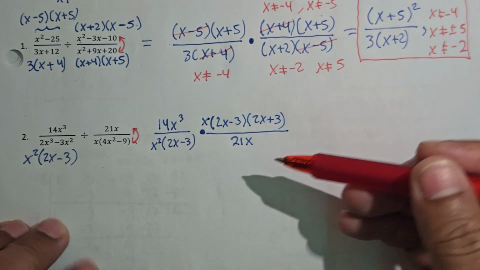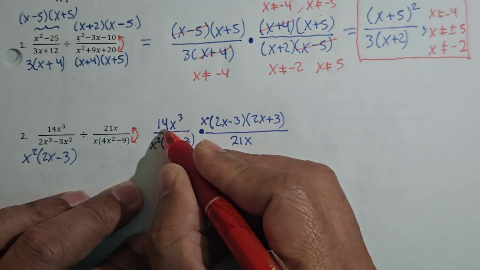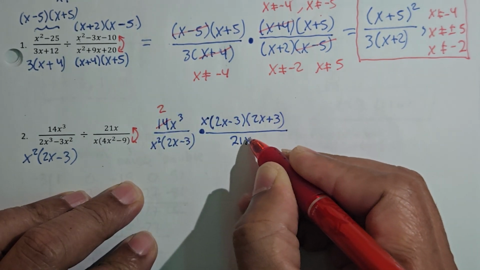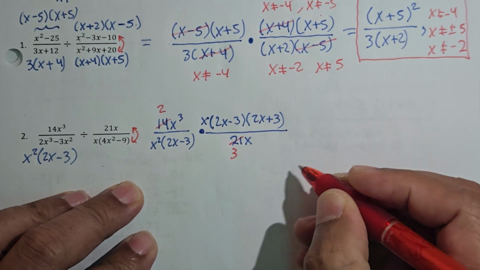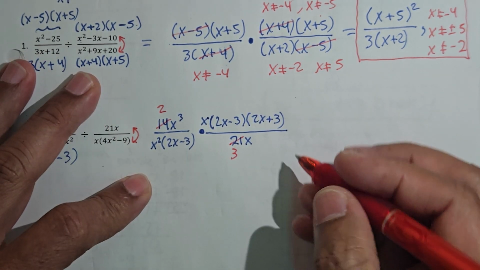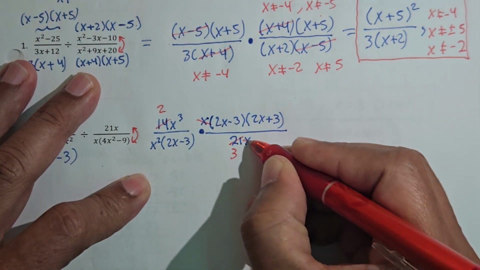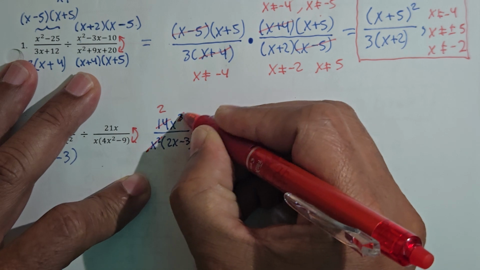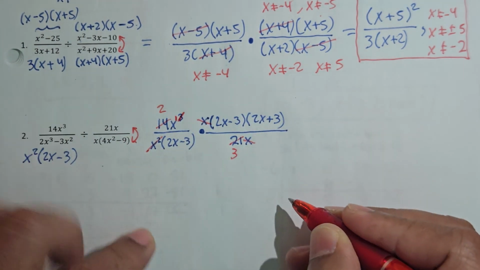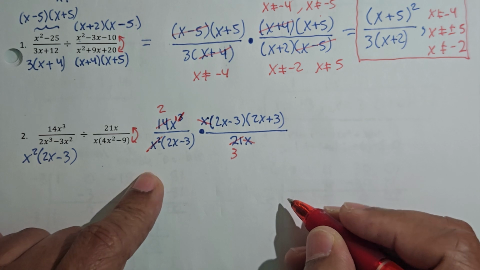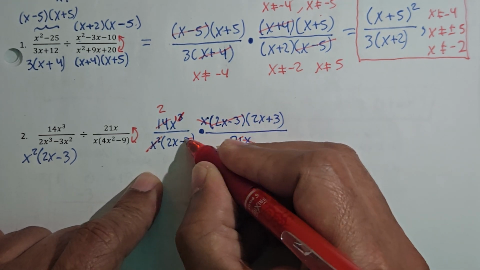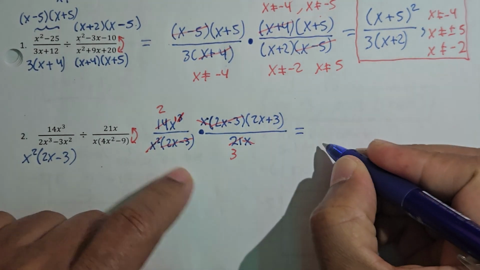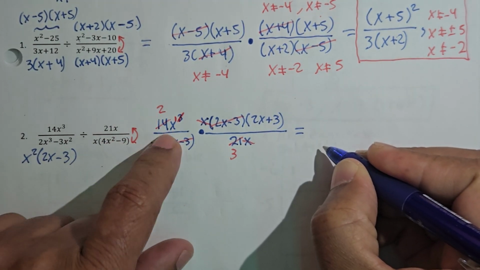Then 7 goes into 14 2 times, and 7 goes into 21 3 times. We have this x and that x, so we can cross them out. This square cancels against that cube, so this gives you just x to the first. We can also cross out 2x minus 3. In the end, what we have left is this 2 and this x.